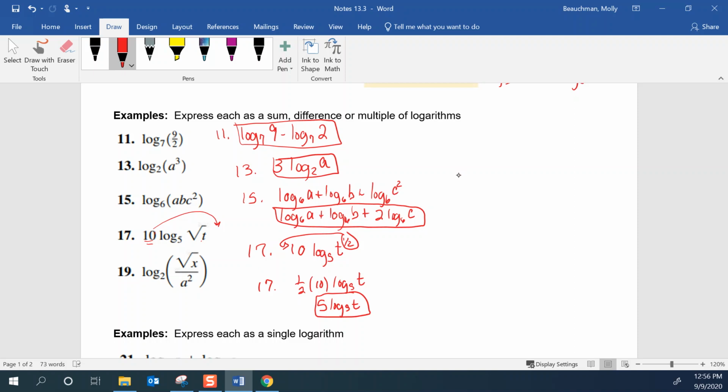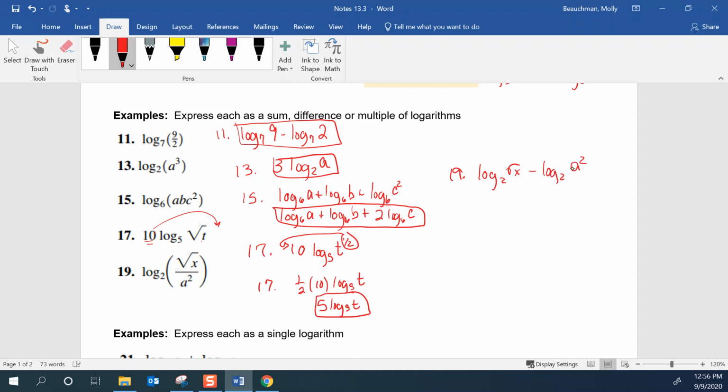All right, last, number 19. We want to express it as a sum, difference, or multiple. We have square root of x over a squared. So we're going to split those up using quotient rule. We get the log base 2 of the square root of x minus the log base 2 of a squared.